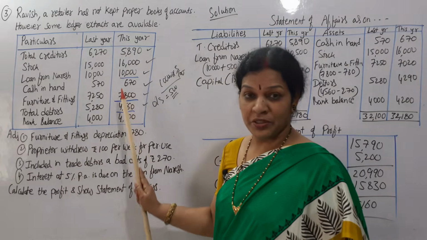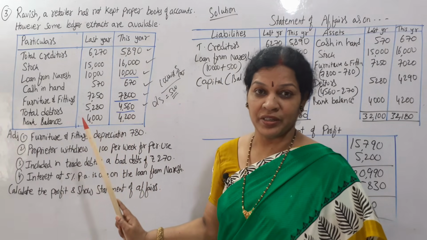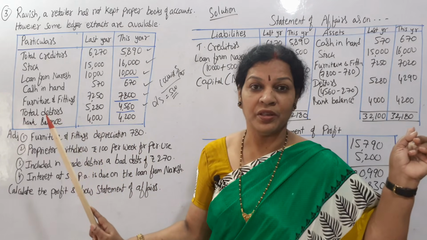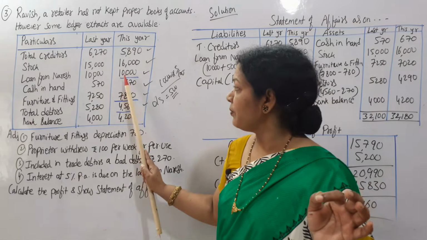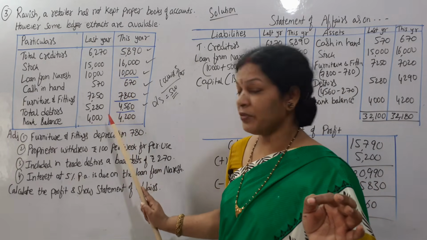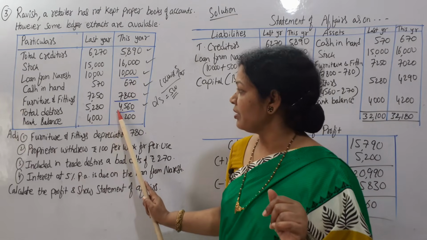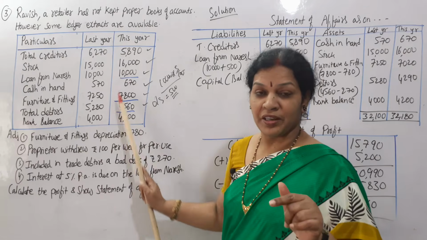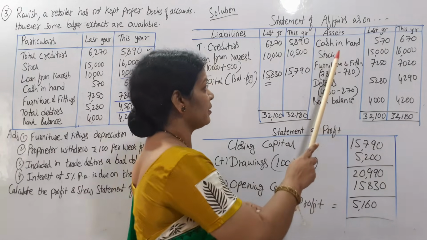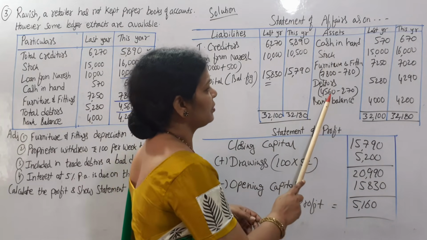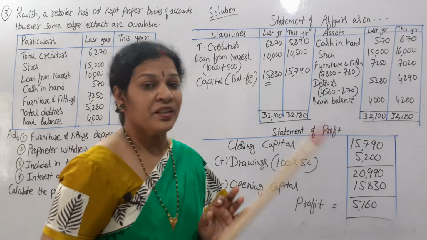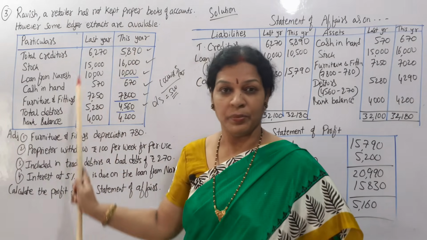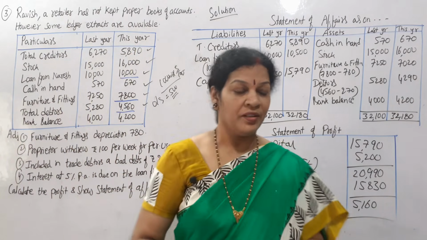Whenever we have adjustments, put a tick mark so that you will not forget the adjustment while posting into the statement of affairs. I have put a tick mark for the loan from Naresh, depreciation on furniture and fittings, and bad debts for the debtors. These three adjustments we have done here, for the current year only. Previous year we did not touch it.